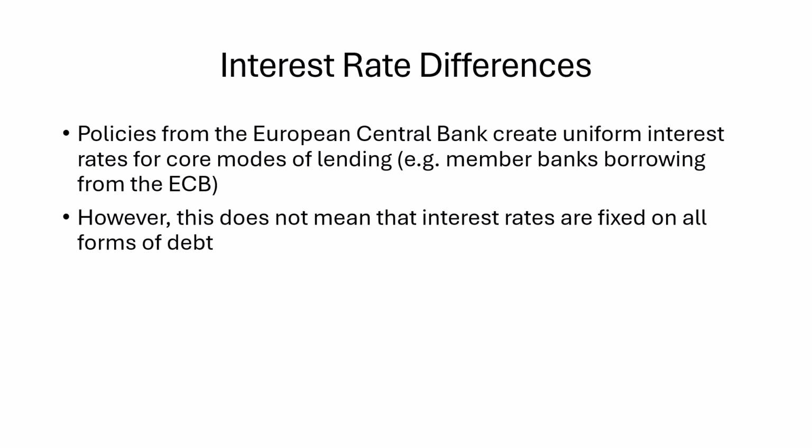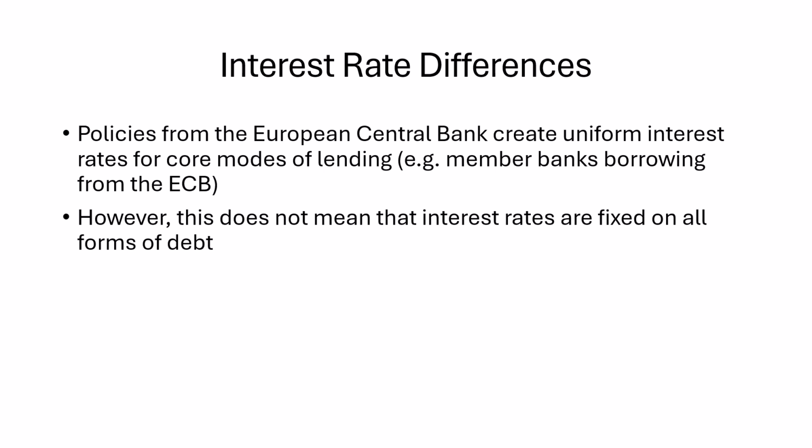For example, if a regular commercial bank wants to borrow from the European Central Bank, there are uniform interest rates. So if you're in Estonia or if you're in France, the interest rate for you would be the same. Again, if you are a commercial bank borrowing from the ECB.